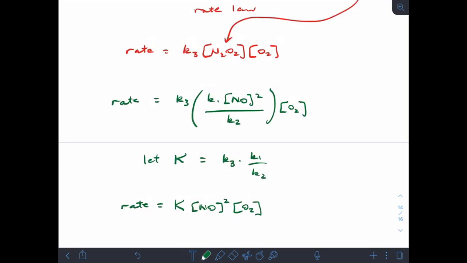So our K3 times K1 over K2 is this piece right here. We're just doing a little symbolic substitution to simplify our situation. So this would be our overall rate law with no intermediates.